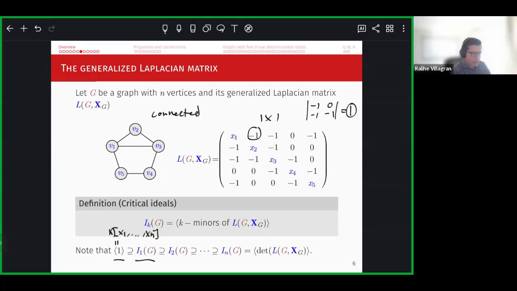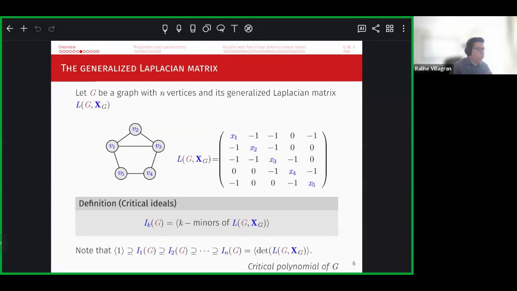But maybe we can find that one, right? And for sure, at some point, we're going to have a critical ideal that is different from the whole polynomial ring. In particular, the last critical ideal is the ideal generated by the determinant of the matrix, right? That polynomial, the determinant of the matrix, is called the critical polynomial of the graph.